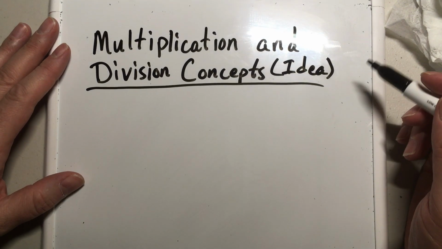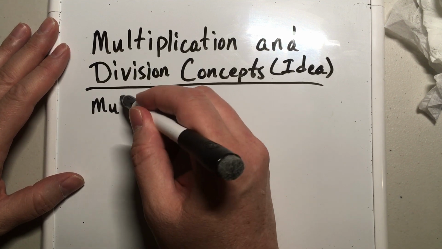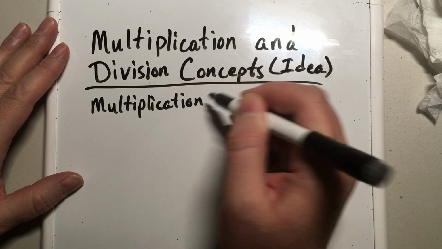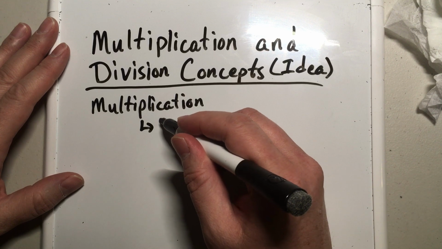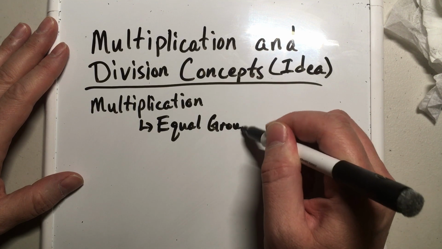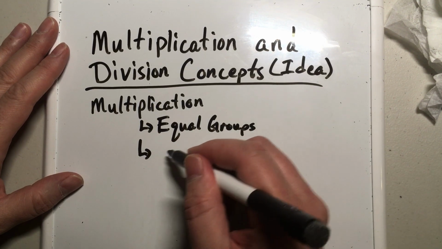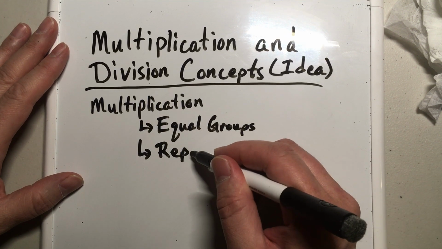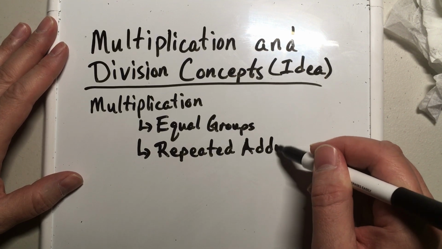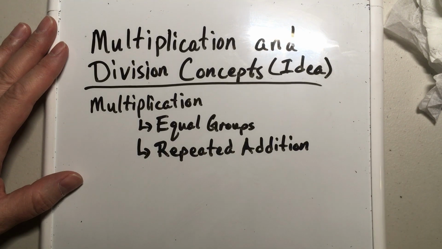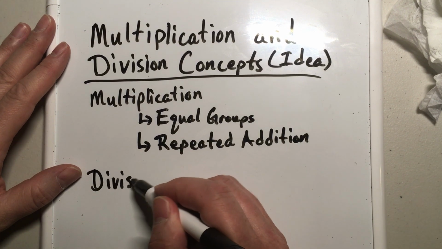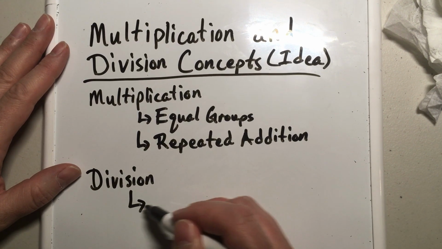All right, so with multiplication, two things: equal groups and repeated addition. With division, equal sharing.